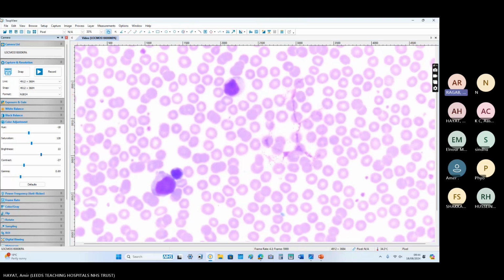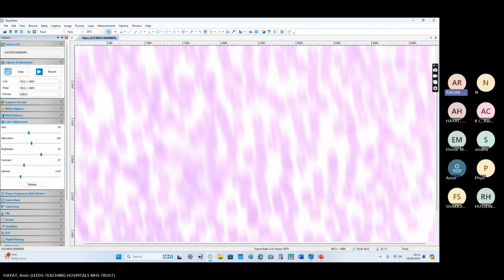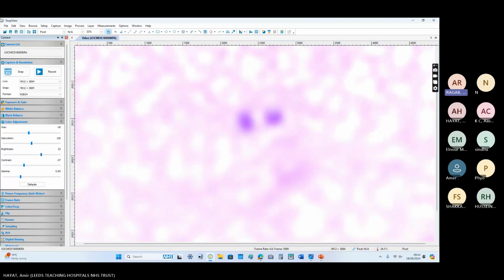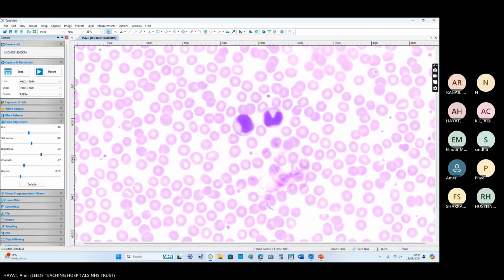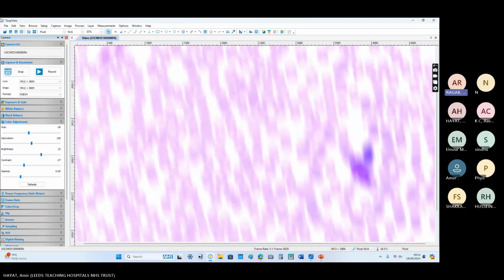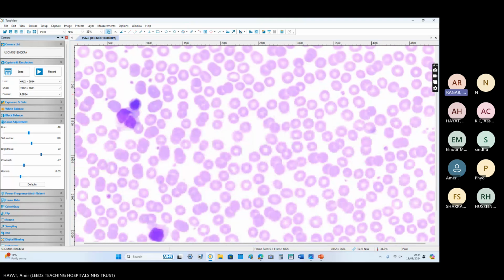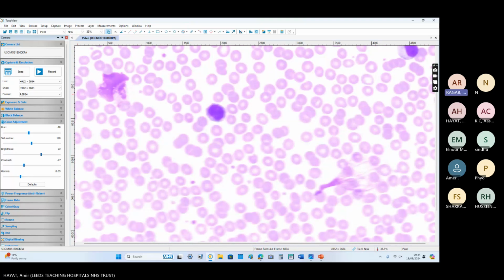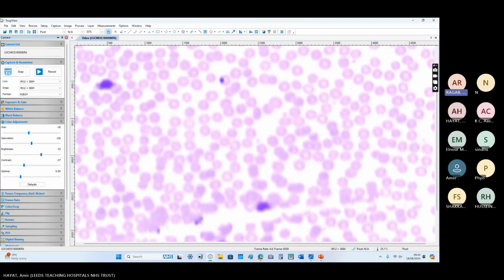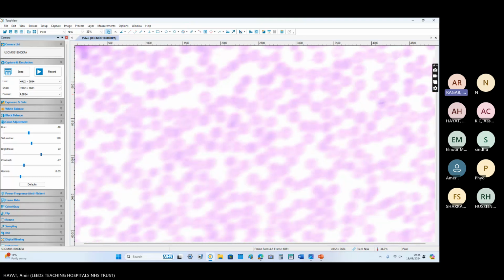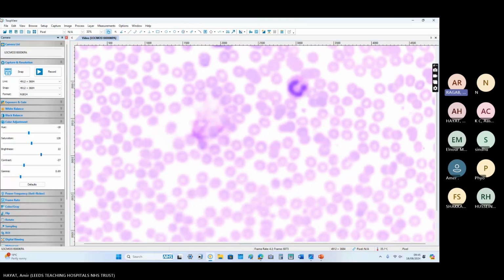The film is consistent with reactive lymphocytosis, likely reactive lymphocytosis, I would say. In light of the history and age of the patient, infectious mononucleosis needs to be excluded, so we need further tests.